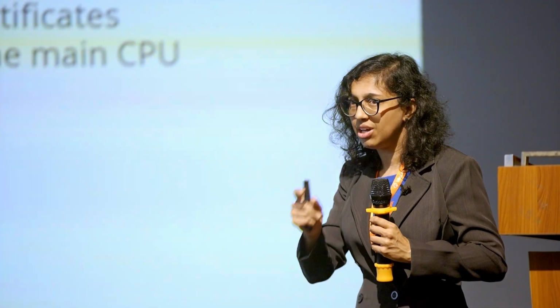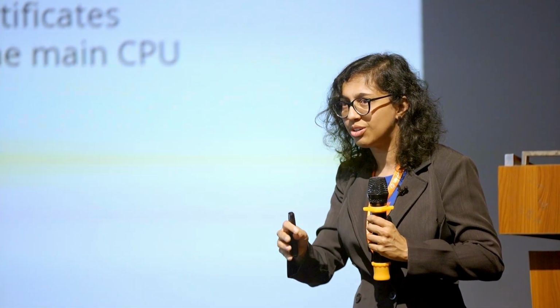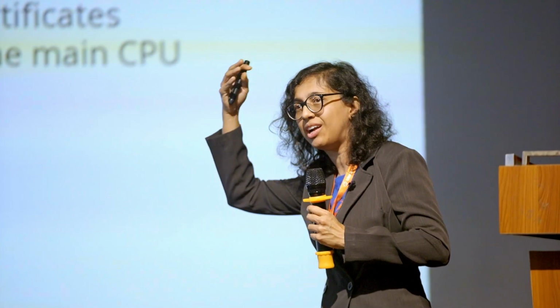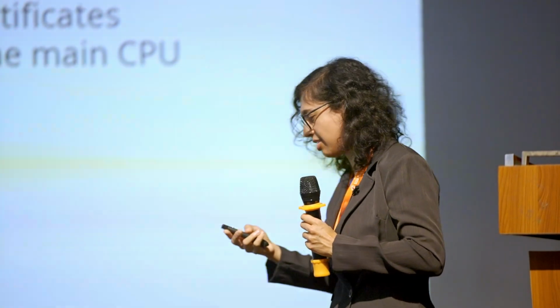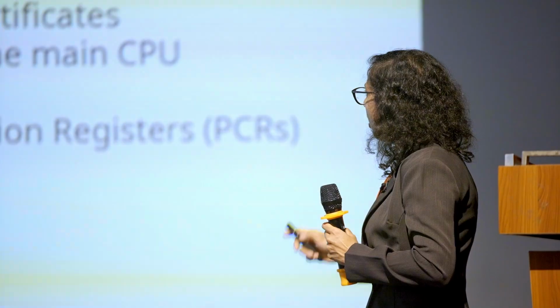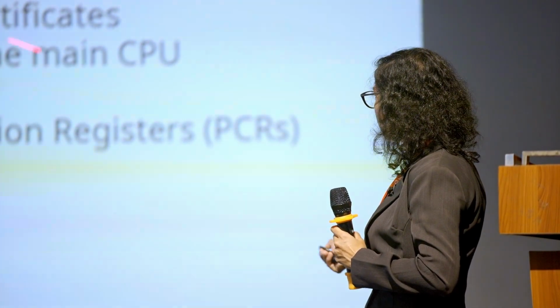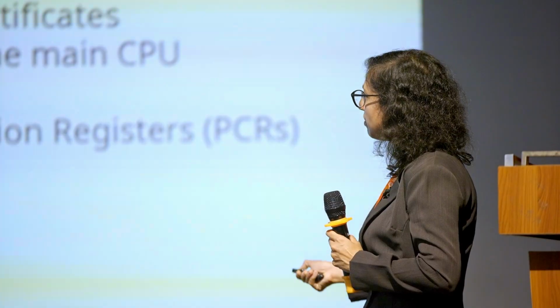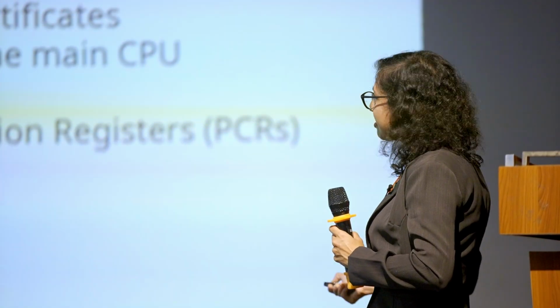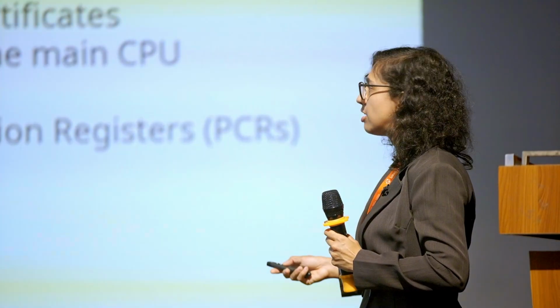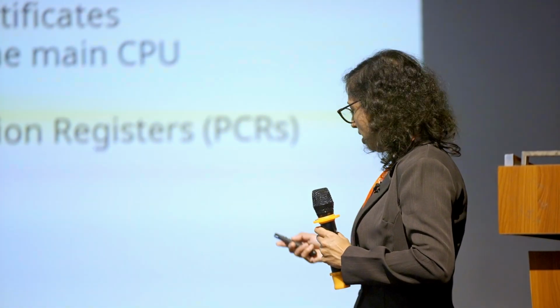And it's all in hardware, in logic gates, so no one really can play around with it unless they are in some way attacking the chip manufacturer itself. Okay, so the hash values themselves are stored in something called the platform configuration registers of the TPM, and these registers are what is signed to create that attestation report, the audit trail log.